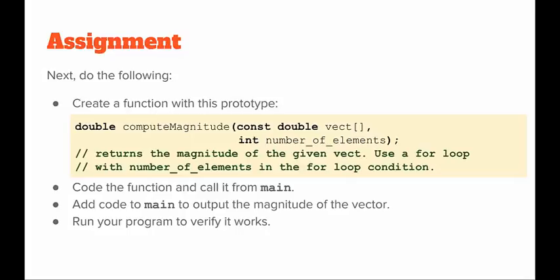Use a for loop with the second parameter, number of elements, in the for loop condition. Code this function and then call it from main, and then add code to the main function to output the magnitude of the vector. In other words, to output the value you get back from this function compute magnitude. Finally, run your program to verify it works. I recommend hitting pause before moving on to the next step.